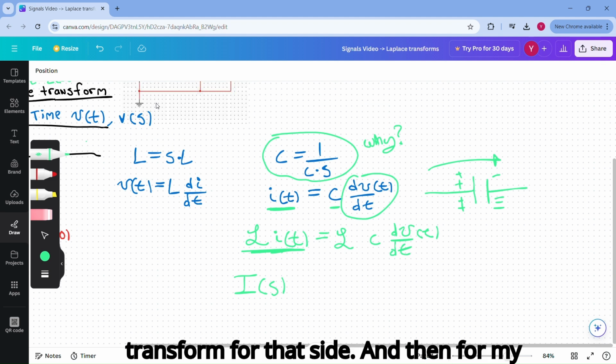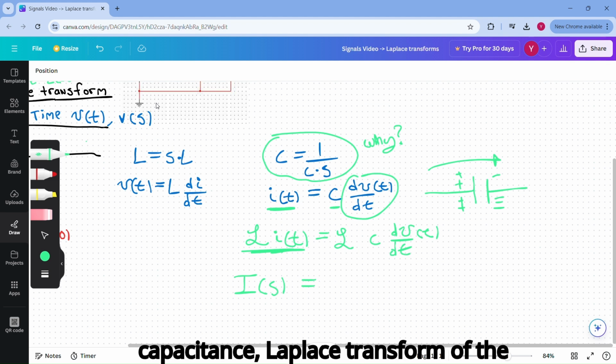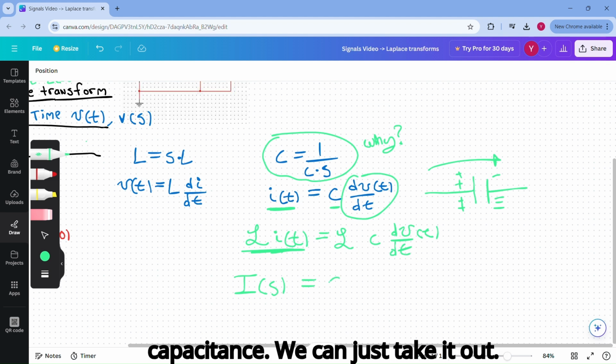That was my Laplace transform for that side. And then for my right side, I have my C, my capacitance. For the Laplace transform, we can just take the capacitance out, it's a constant.